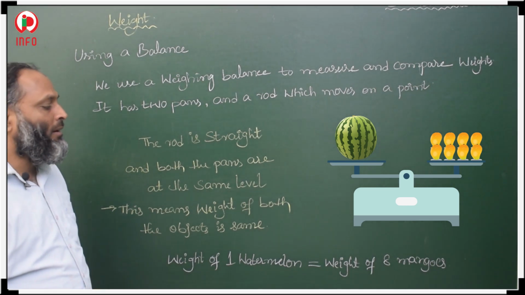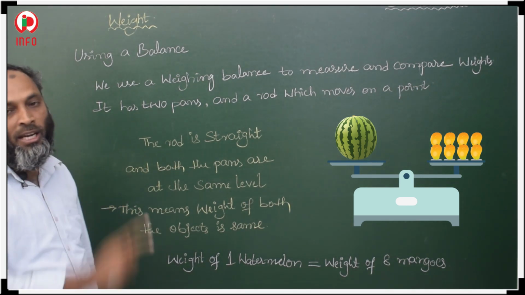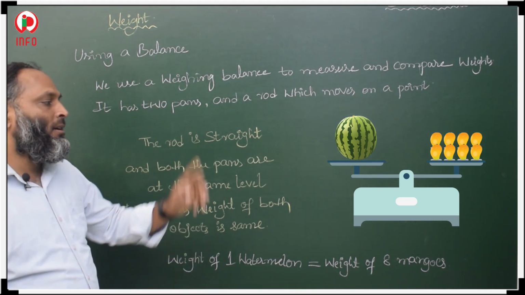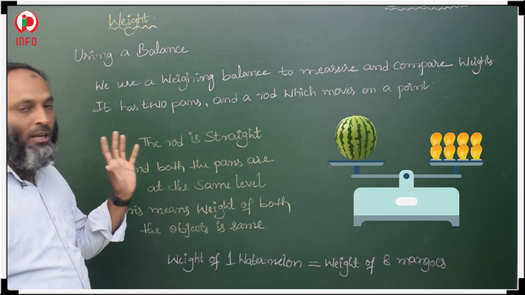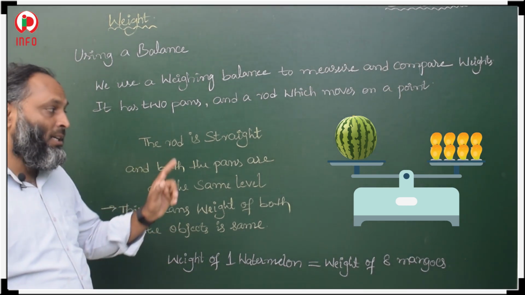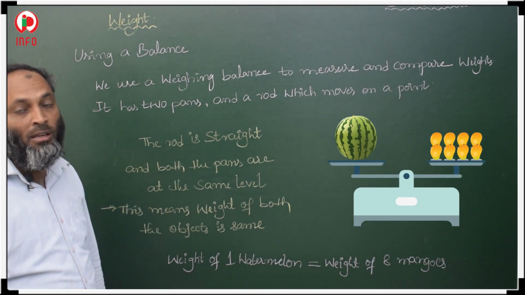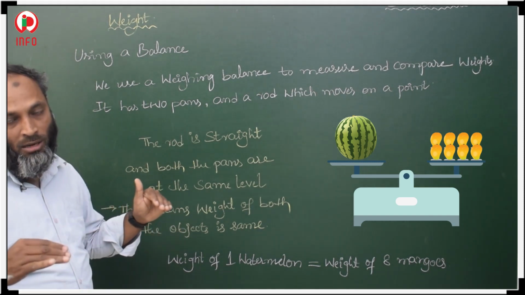In the second pan, 1, 2, 3, 4, 5, 6, 7, 8 mangoes. So one watermelon's weight is equal to 8 mangoes' weight. That is why these two pans are at the same level.